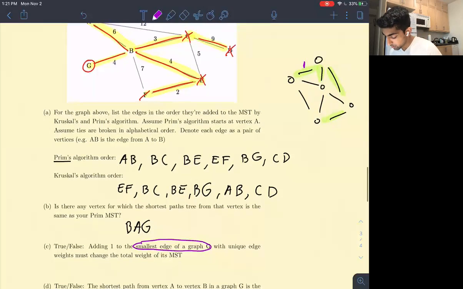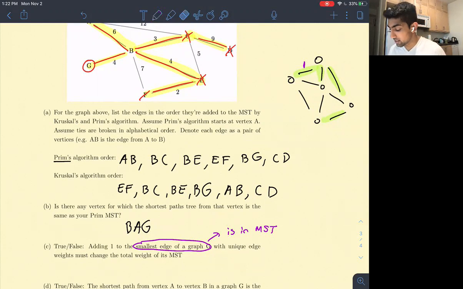Okay, so we know the smallest edge is in an MST, and also because the edge weights are unique, there's not going to be any duplicates. Okay, so if we have the smallest edge right here, we know that it must be part of the MST.